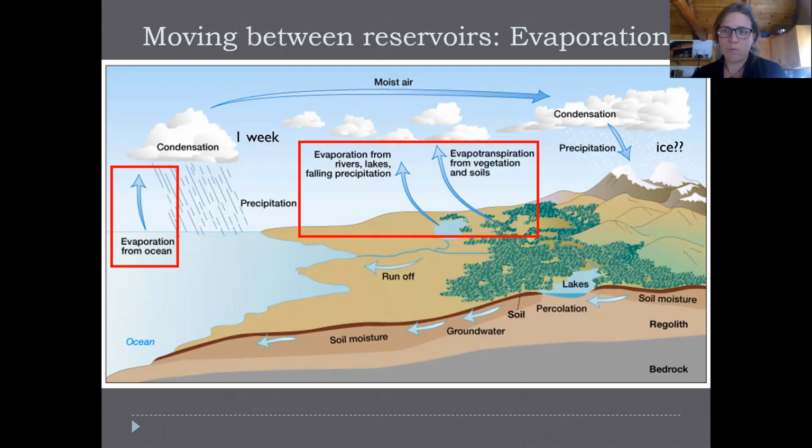Here's another picture of the water cycle, also oversimplified. But within this, you can see that evaporation moves out of the oceans, out of bodies of water and lakes and rivers, where water can move from that pool or reservoir into the atmosphere. But then, of course, it can also come out of living organisms.